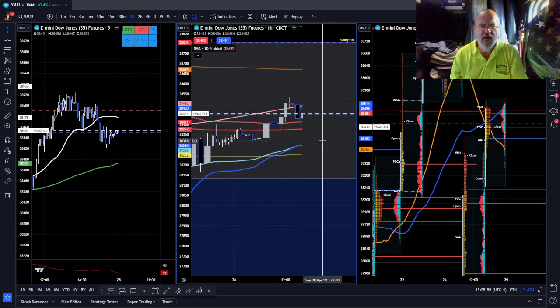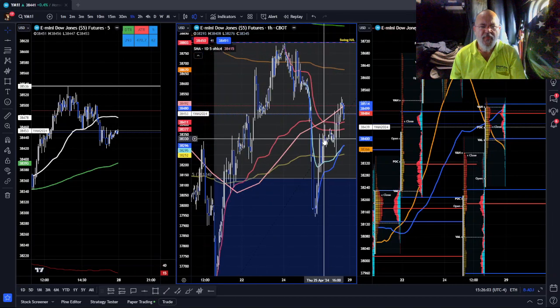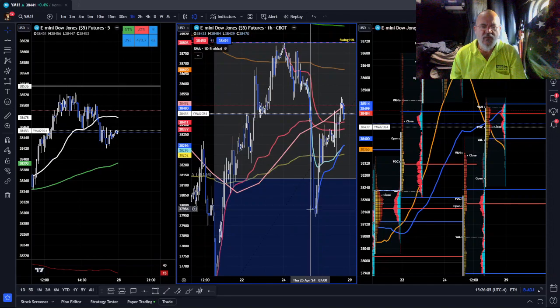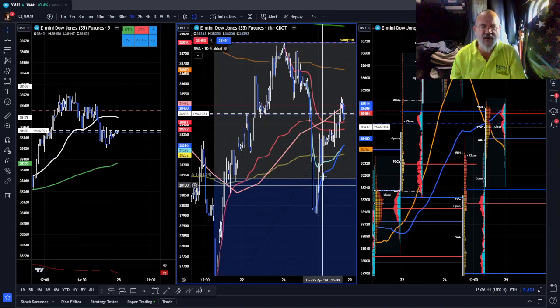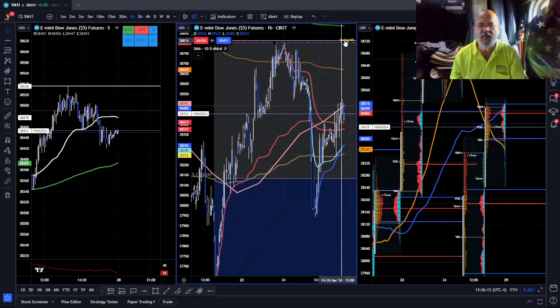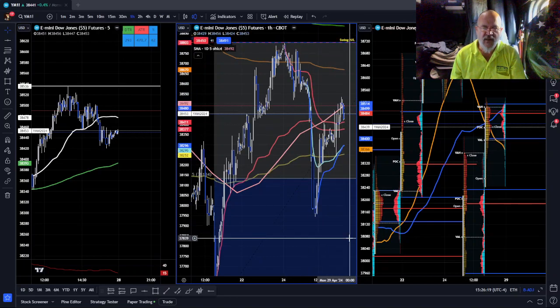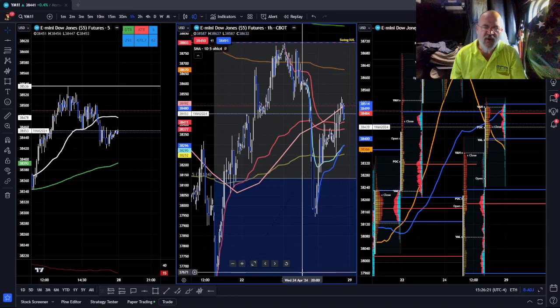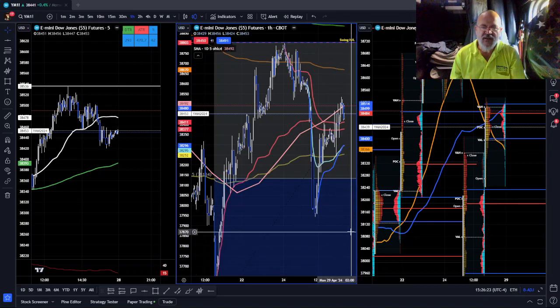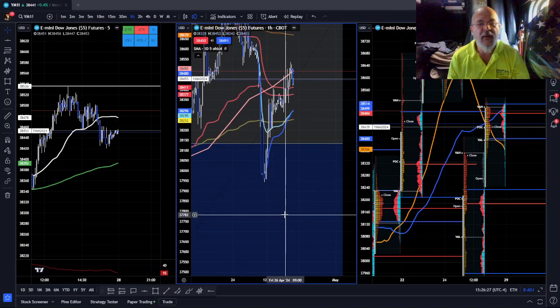So what have we done? We've reached down into premium, made a higher low on the swing. Now, can we expect to come all the way back up and make a higher high? Or do we just make a lower high, make a lower low, not breaking swing structure, and just work our way back down into discount pricing?